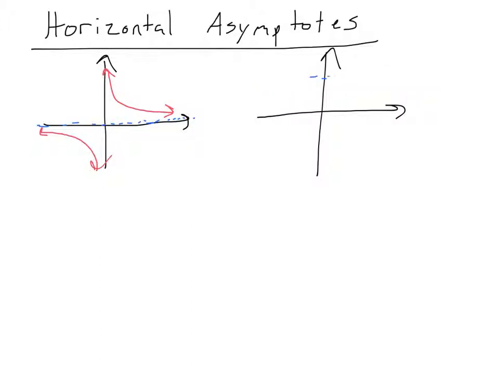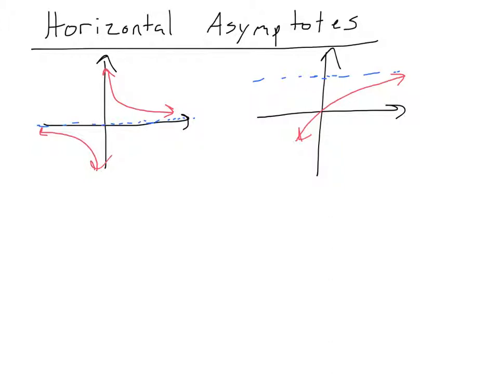So, as I was saying, let's say maybe we have a function that approaches that line as we go out to infinity. That would also be an example of a horizontal asymptote. So, anytime we have a function that, as we go out to either positive infinity or negative infinity, gets really close to a line without quite getting there, we are going to call that a horizontal asymptote of a function.